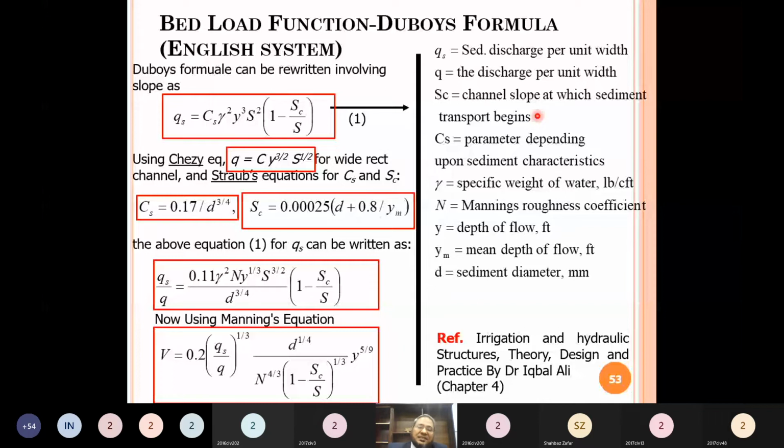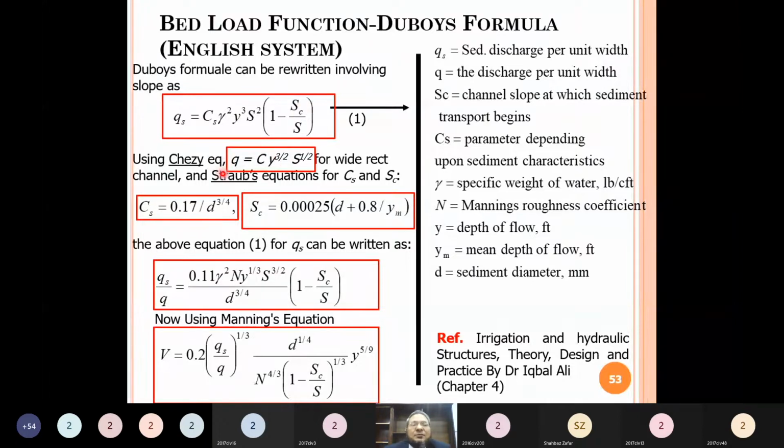And the slope which gives us this condition for a given discharge is called the critical slope, at which a sediment particle is just stable. If the velocity of flow is slightly increased, what happens to the sediment particle on the bed? They start moving. So Sc is that critical slope. Is it clear?